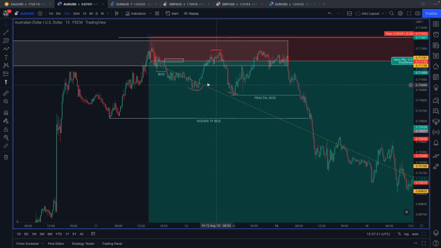So if I just get rid of this, like I said to you earlier, we want to wait for a break of structure around these points of interest so we can look to execute. So once we see what was a structural low here, a protected low that shouldn't be broken below, break, that is our first suggestion that price is ready to go bearish.